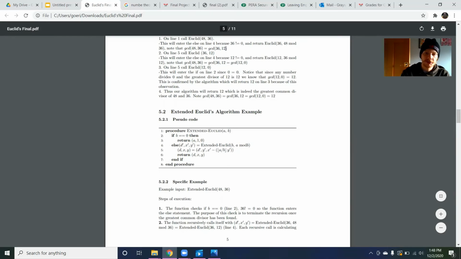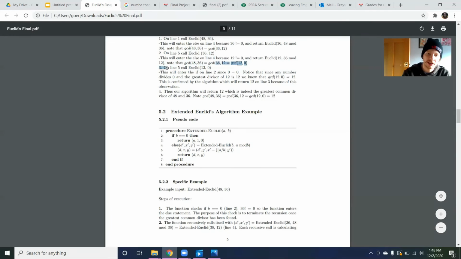GCD 36, 12. So then we make that Euclid call, and that again, 12 is not 0. So we'll do this call to Euclid again with 12 and 36 mod 12, and then we'll do the same thing. That comes down to this greatest common divisor of 12 and 0.